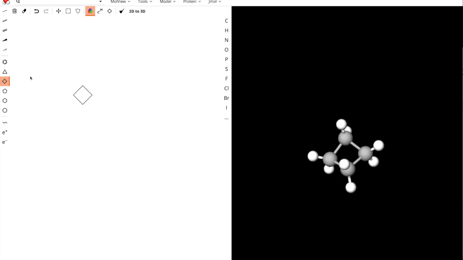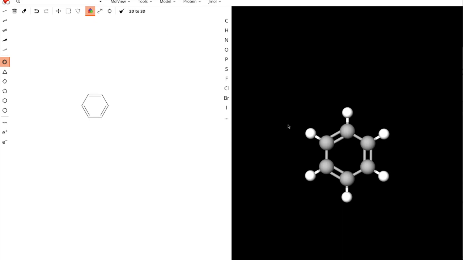Okay, I can do an alternating double bond, which is our benzene ring, and do that. See now, this carbon has 3 bonds, so that means the 4th is a hydrogen. Belongs to this carbon, 3 bonds.